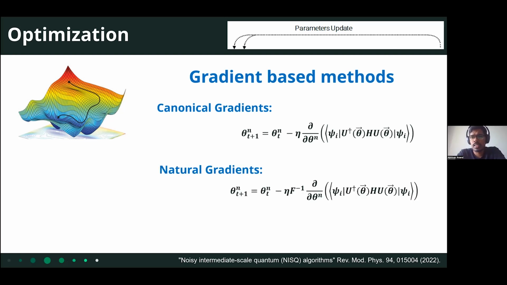There are other gradients as well. People have also looked at natural gradients, where instead of just the normal gradient, you use the information about the surface geometry, which can give you faster convergence. But I'm not going to go into details of these.